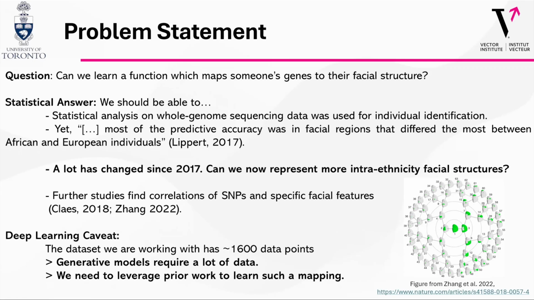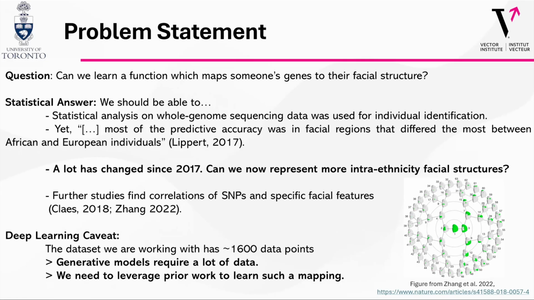But most of the predictive accuracy was in facial regions that differed the most between two ethnicities, in this case, the African and the European individuals. And so what happened is essentially they were detecting which ethnicity the person is and then outputting the average face for that ethnicity. But that was a 2017 paper that relied purely on a statistical basis.